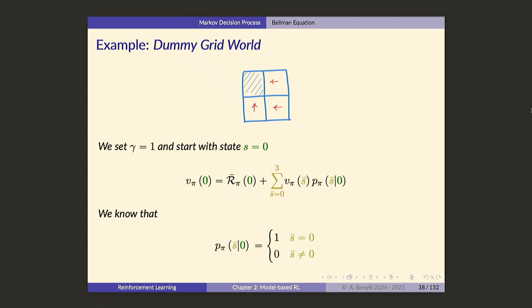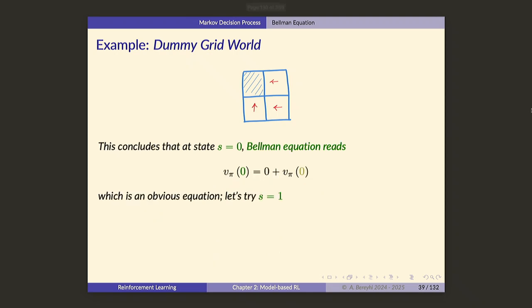So this summation is going to be left with only one term, and that term is v pi at state 0. Everybody seeing that? So this is going to be v pi at state 0. If you don't see it, I can write it down again. So look at this.